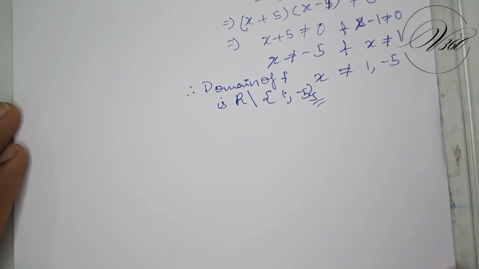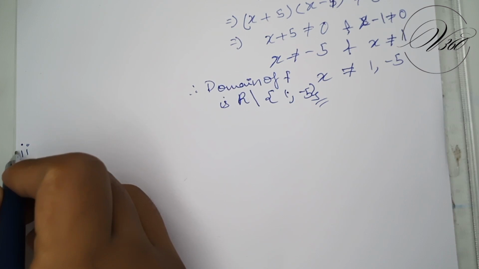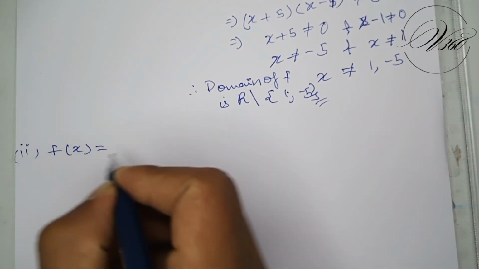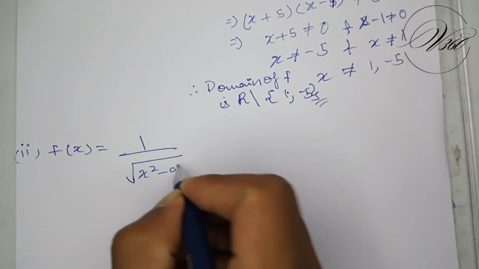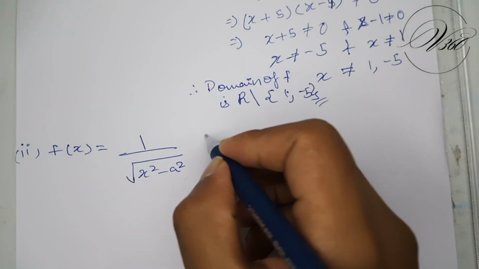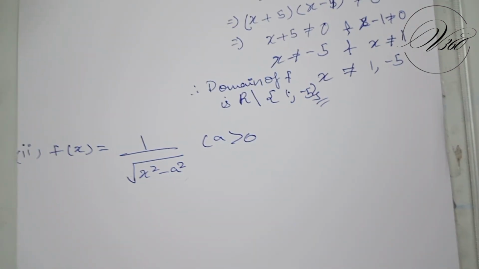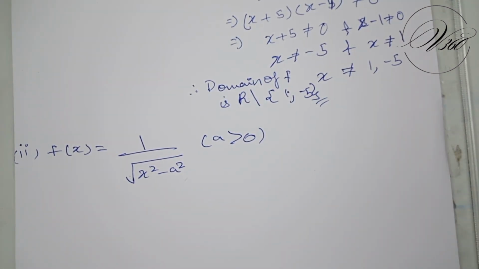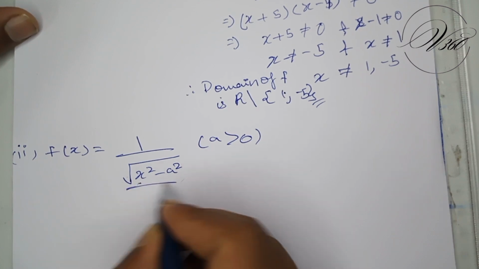Now we will take x square minus a square that is greater than 0. Okay, we'll take this part.